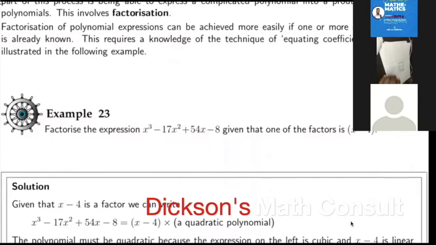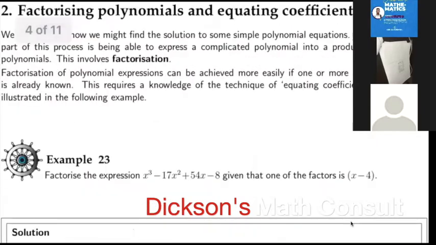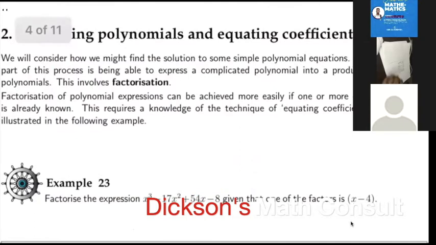When you are given a question like this, the first thing you have to look out for is a constant. The degree is 3, that is the highest degree you have. So x cubed, and then x squared, and then x, and then 8.